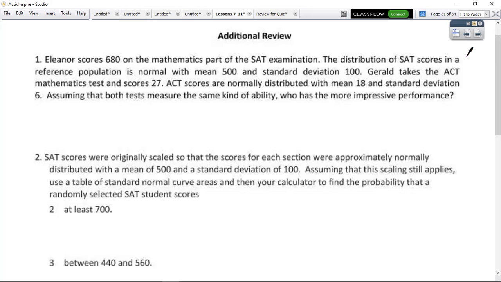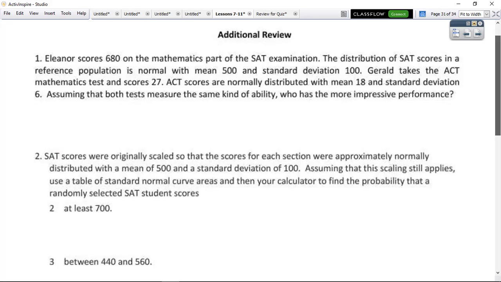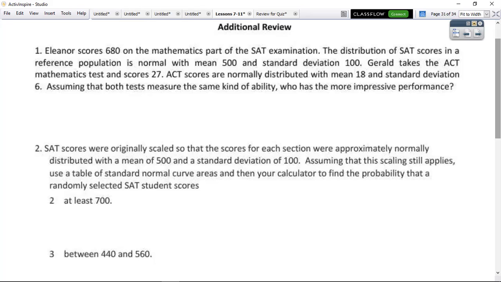The distribution of SAT scores in reference to the population is normal, so normal curve, a mean of 500, standard deviation of 100. Gerald takes the ACT and he scores a 27, also normally distributed with a mean of 18, standard deviation of 6. Assuming that both tests measure the same ability, who has the more impressive performance?